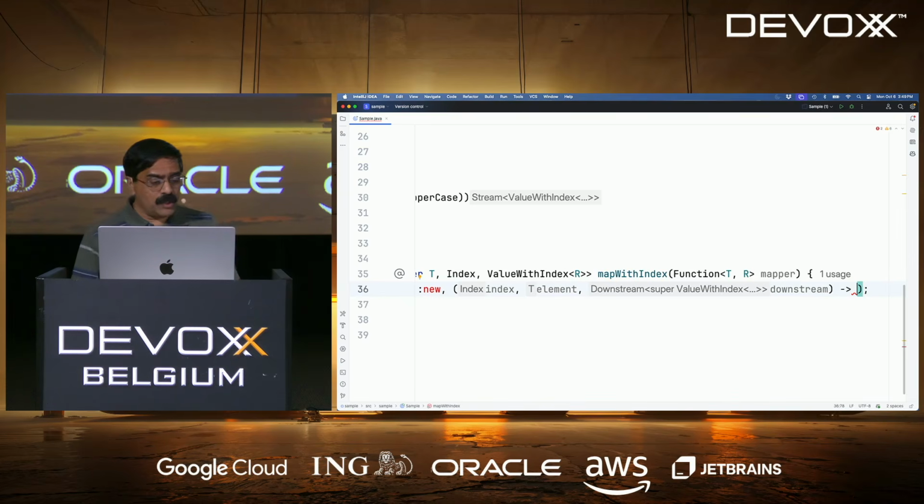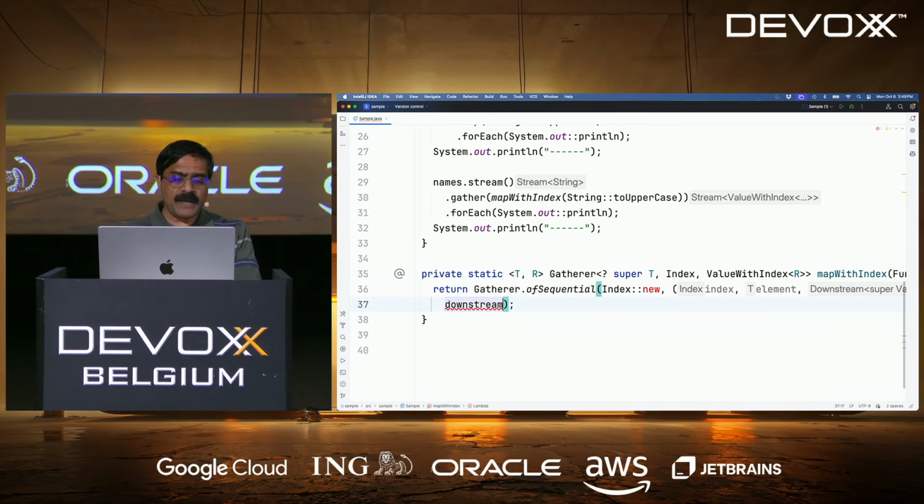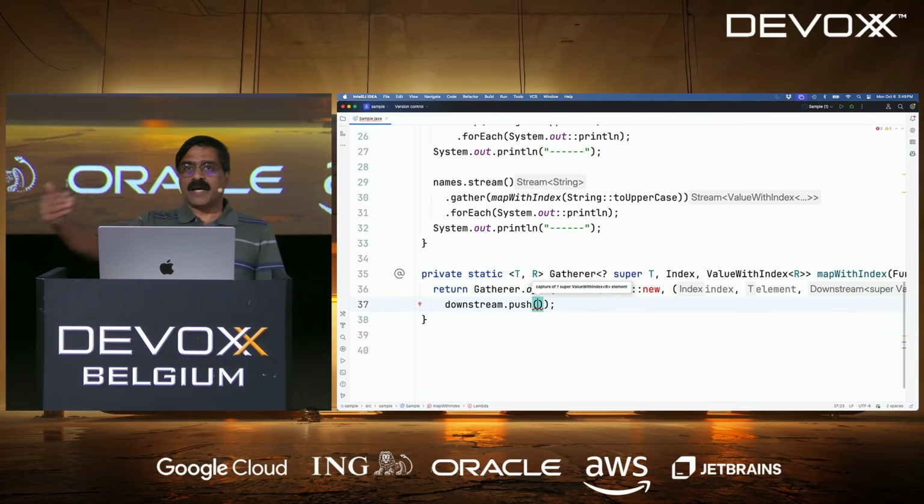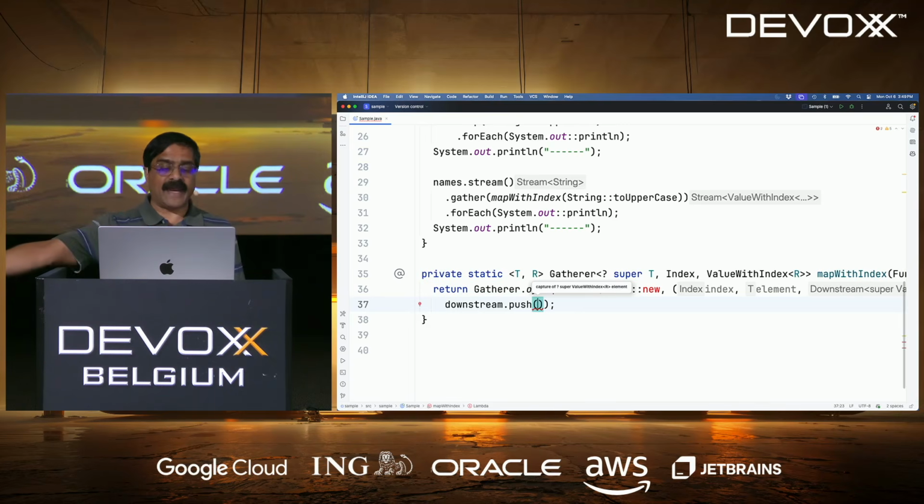Well, what are we going to do within this? Well, in this particular case, we are interested in navigating down through it. So downstream dot push. What am I pushing downstream? Remember, I'm a map. My job as a map is to transform data. So I'm going to push to the next downstream the transformed data.